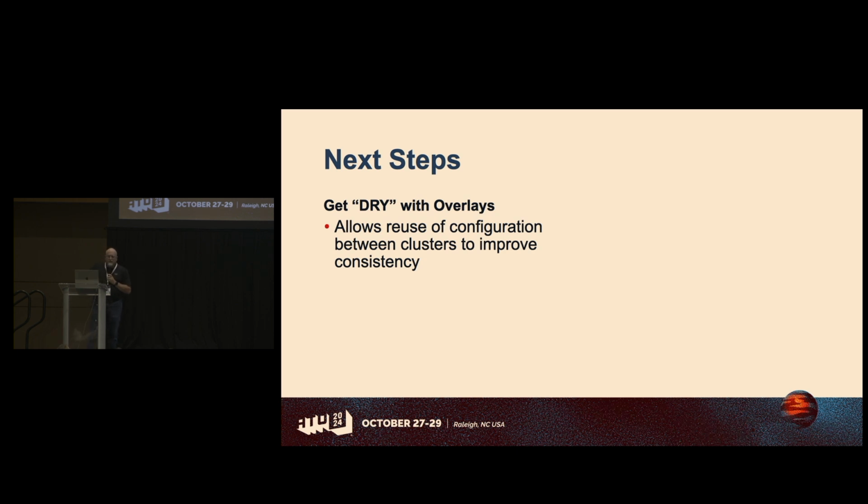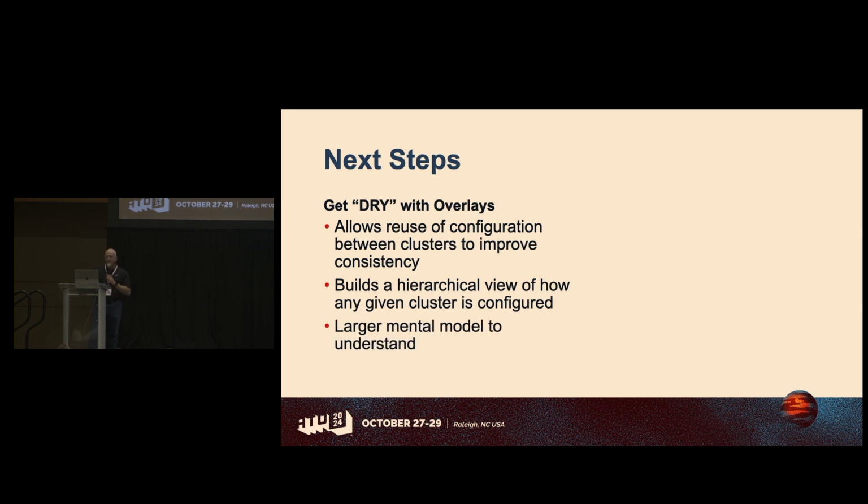This is something I'm still learning about. I was doing some reading about it last week in research, and I'm like, this looks really good. One of the things it does is give you a hierarchical set of build steps, so you can understand all the different things that have to happen to get to your end state of how your Kubernetes cluster is going to be configured. The downside is it's a little bit larger of a mental model. You can't just look in one place and figure it all out, and therefore sometimes it's not as easy for less experienced folks.